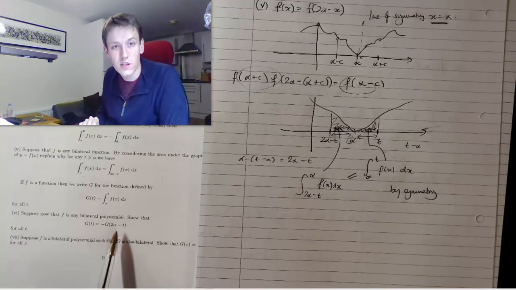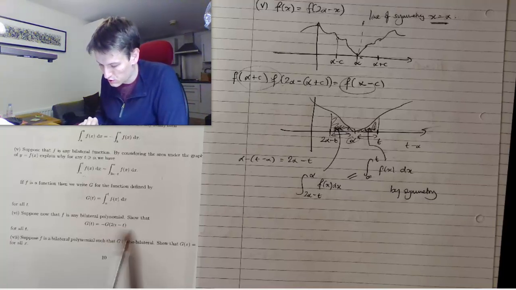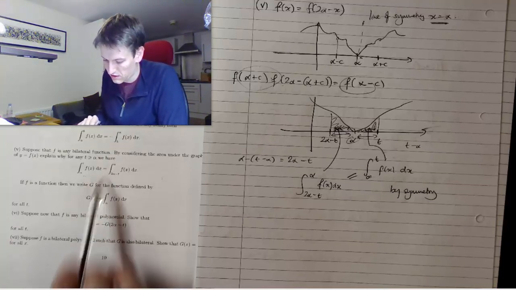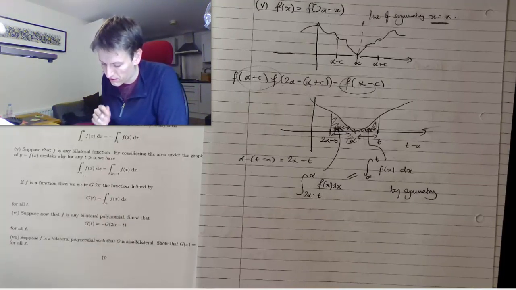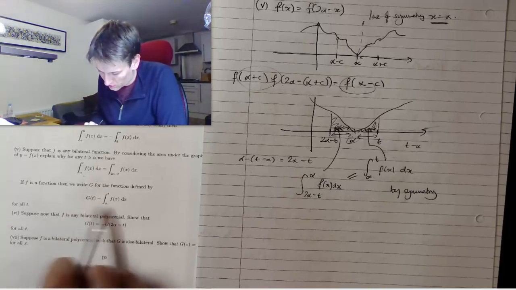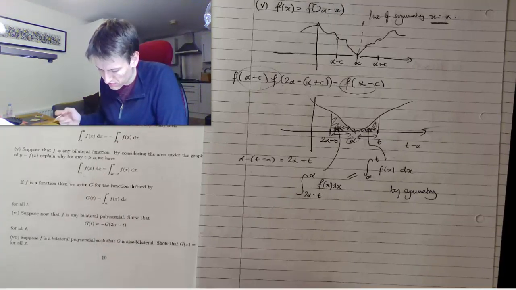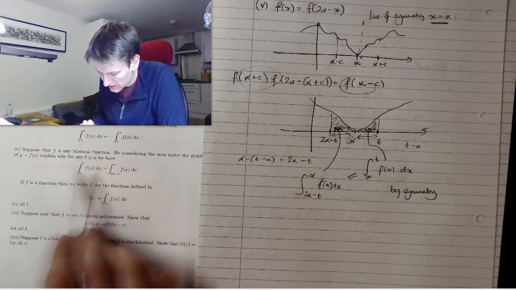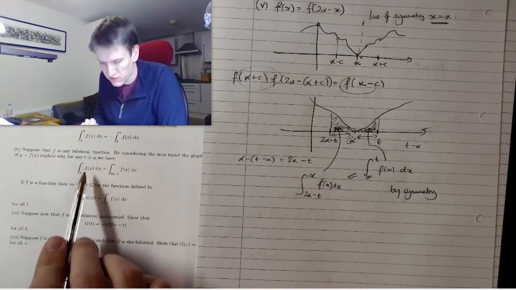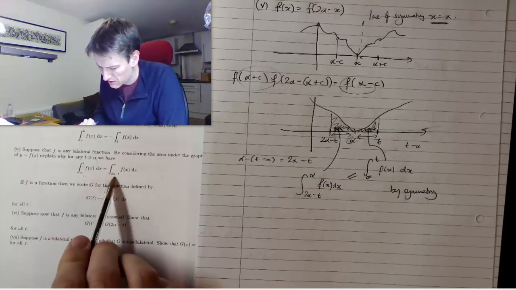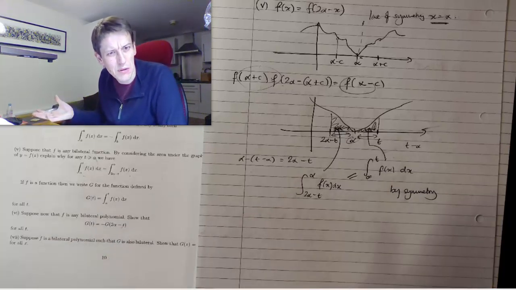We notice when we look at this question that we've got 2 alpha minus t here that was in the limit, and we've just done that part of the question. Looks very much like we're just going to use the previous result. We've got g of t is exactly the thing that we've defined here, and we've just proved a result that says that's equal to something else that involves something that looks like what we're going for.